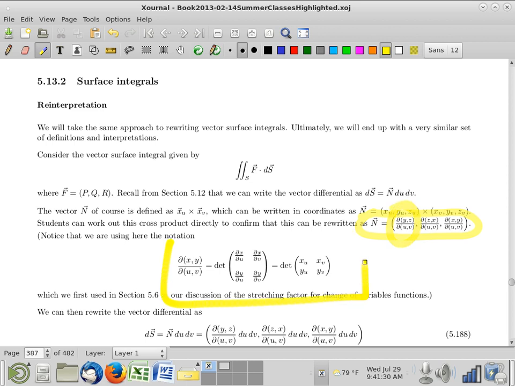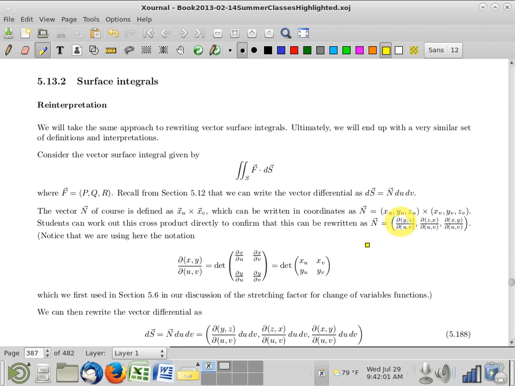And don't forget this notation here is a little shorthand notation for a 2x2 determinant of a matrix of partials. And in fact, that's exactly what turns up. If you work out this cross product, multiply it all out, each individual coordinate happens to be a 2x2 matrix of partial derivatives.